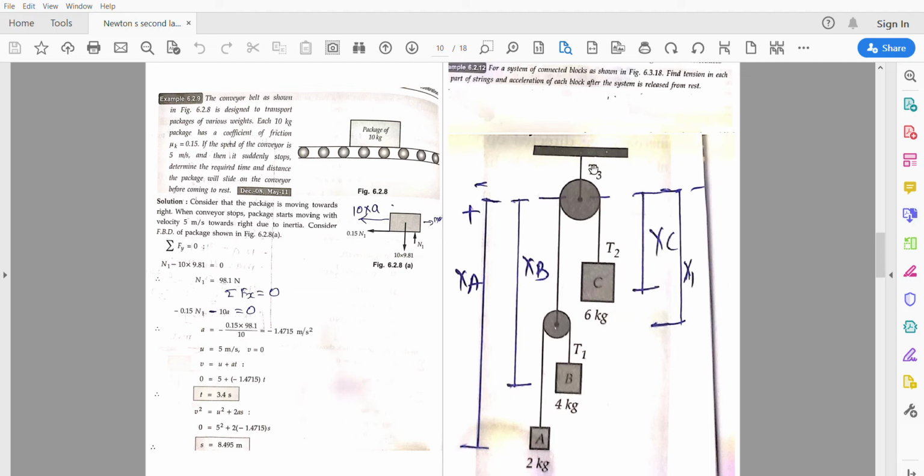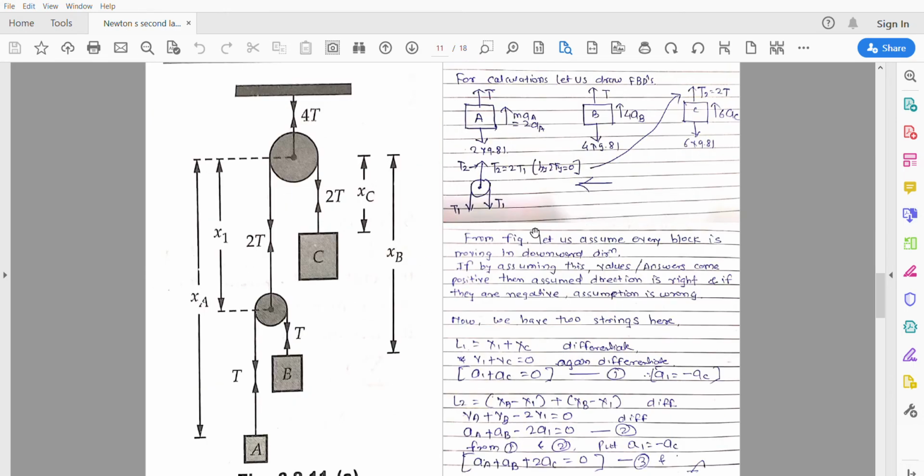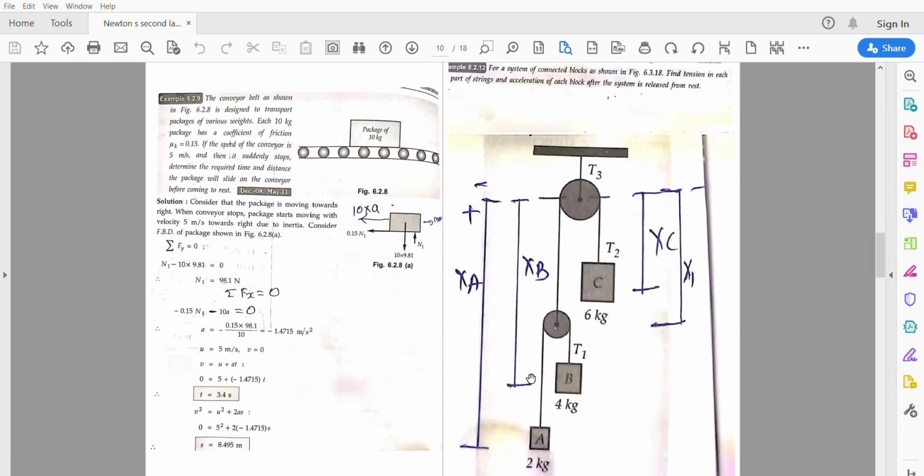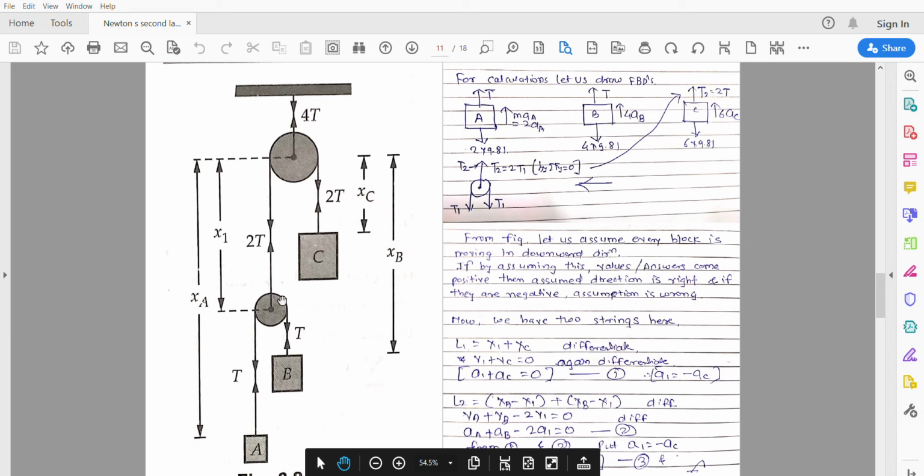So as we discussed in dependent motion, you need first to determine the length of the string. Imagine the free body diagram of the pulley here. Now this T and this T will be countered by this single wire only, which will have, if you do summation of Fy equal to 0, 2T tension.